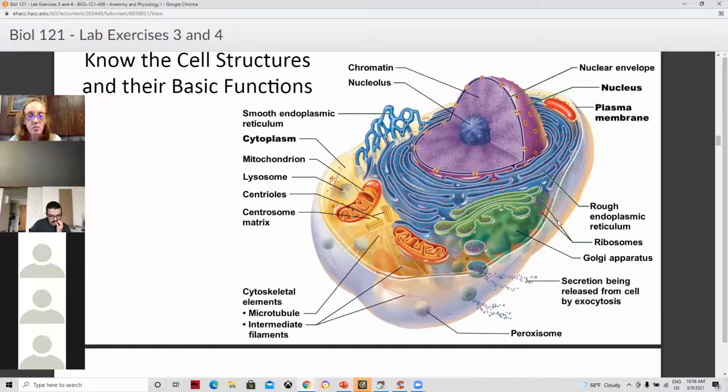We have ribosomes that are created in the nucleolus here, that can either work free in the cytoplasm, or they can be adhered to the surface of the rough endoplasmic reticulum, depending on what proteins they're making.